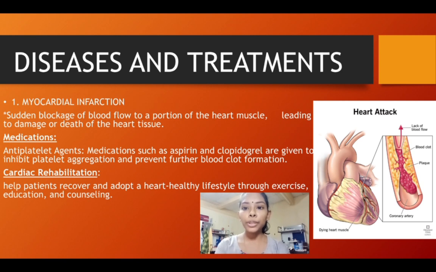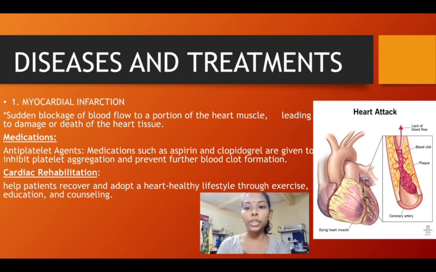This usually happens due to a blockage in one of the coronary arteries, which supply oxygen and nutrients to the heart tissue. The lack of blood flow leads to damage or death of the heart muscle cells.